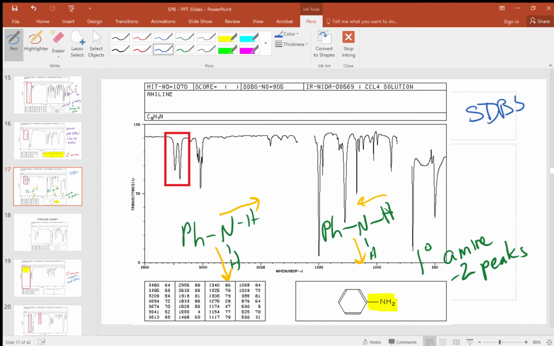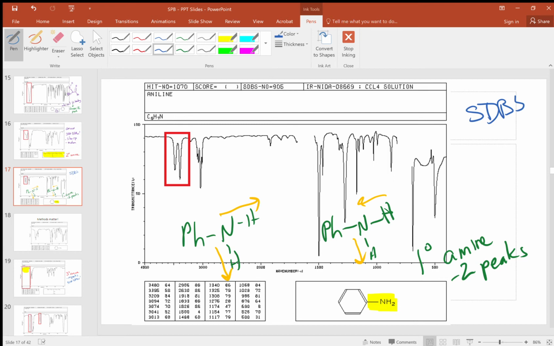It's completely free to use, and they have on this website spectra of many IR, NMR, mass spec for many common compounds. And so a lot of times in experiments, in lab, students will get their IR spectrum and they'll go to the SDBS and look up the spectrum and compare them.